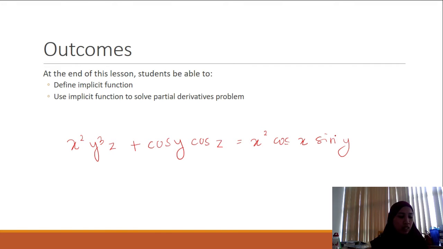For this function, it would be practically impossible to isolate z or any other variable. Which means it is impossible to write z equal to something in terms of x and y. It is impossible to make z the subject.